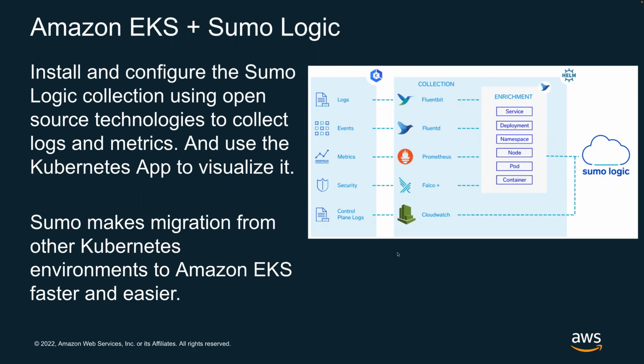And when you want to move those types of workloads to EKS, Sumo Logic makes the visibility, observability, and security of those migrations faster and easier through the installation of various capabilities within Sumo.